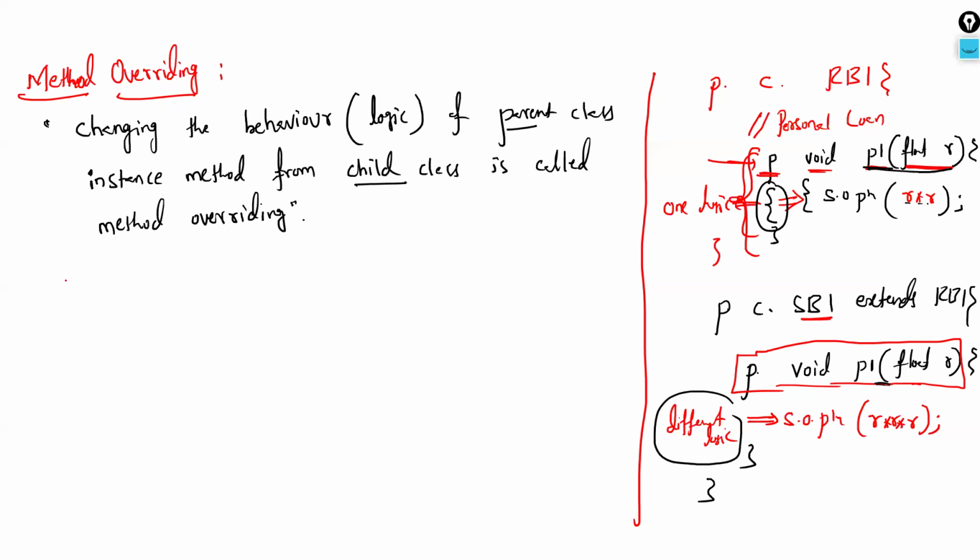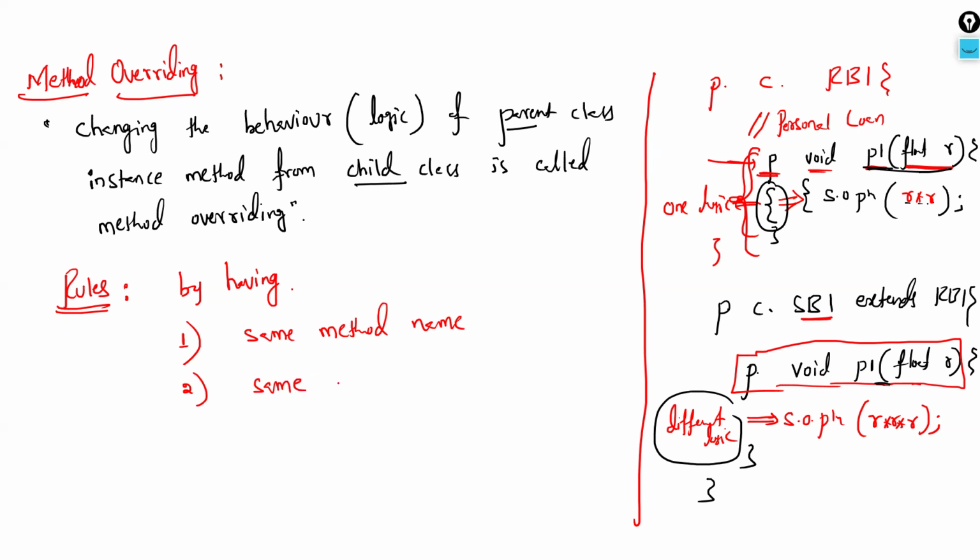Then any properties are there? Yeah. The rules to follow for method overriding: the first one, same method name or different method name? Same method name. Same parameters or different parameters? Same signature, which means same number of parameters, same type of parameters, same order of parameters also. So I'm covering all those with the simple term same signature. The next, same return type or different return type?